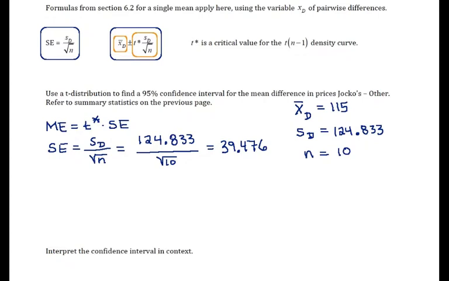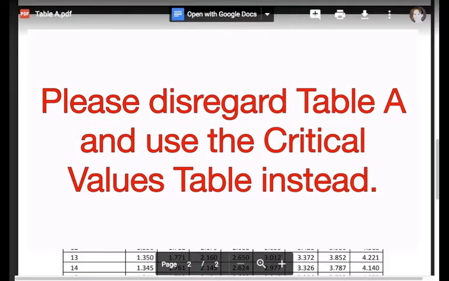So my t star I need to get from table A. I have 9 degrees of freedom and I want a 95% confidence interval. So here's my 95% and here's my 9 degrees of freedom row.